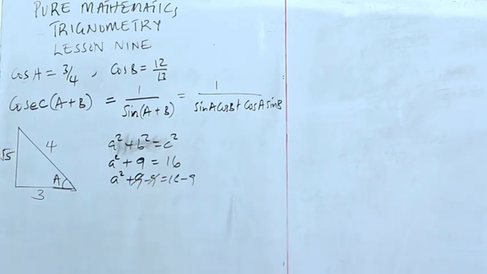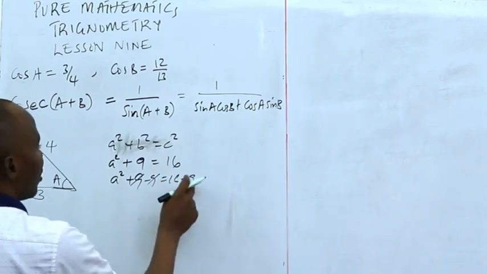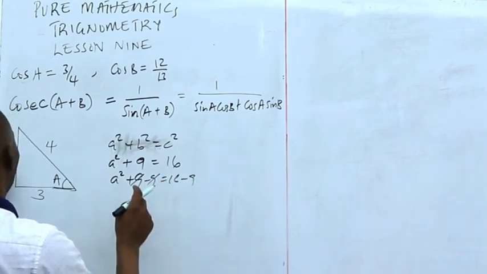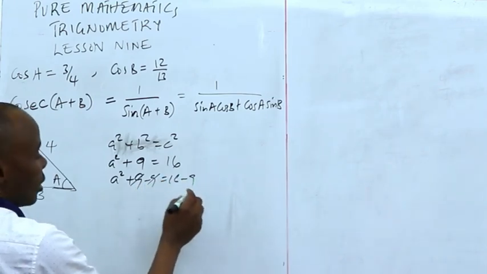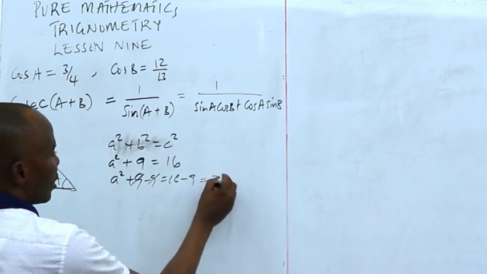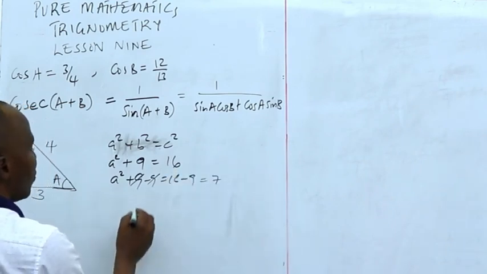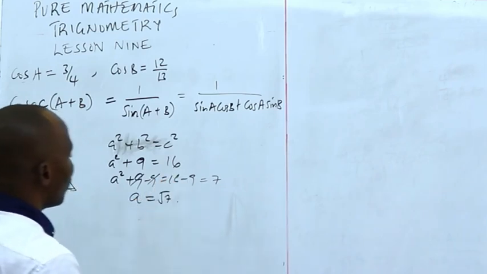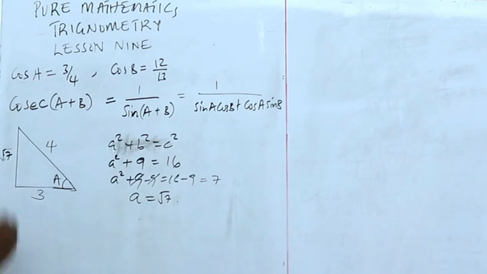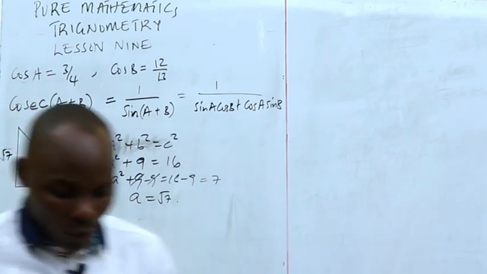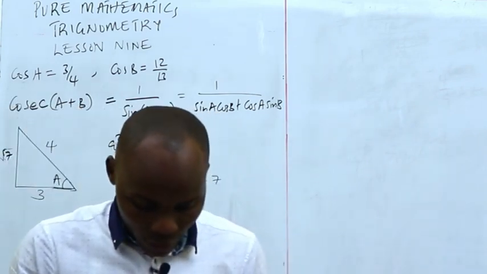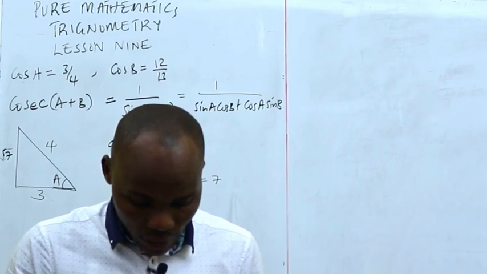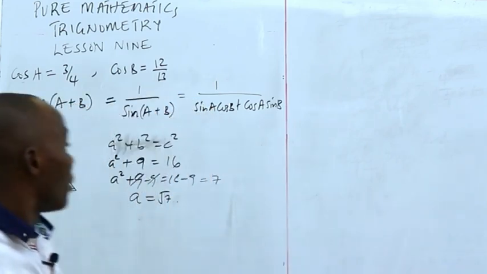And 16 minus 9 gives you a 7. Yes, it gives you a 7. So A is the square root of 7. We have a 7 there.